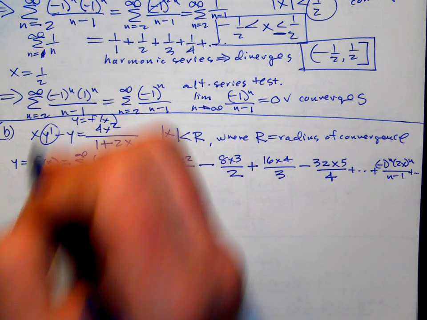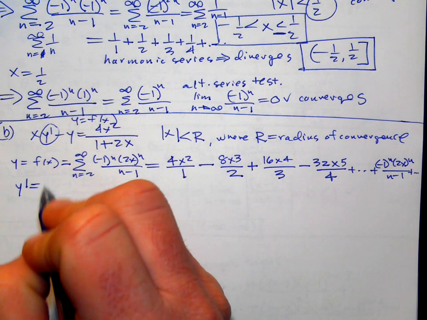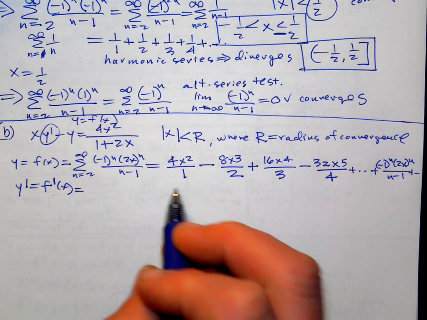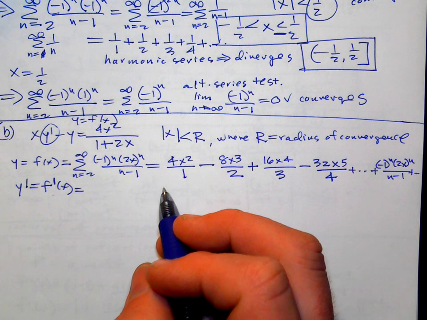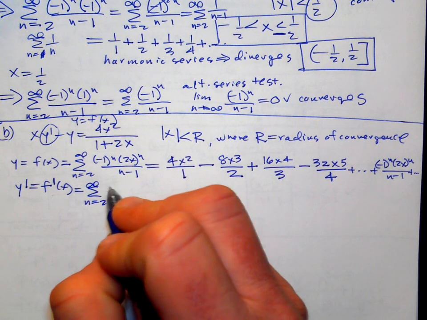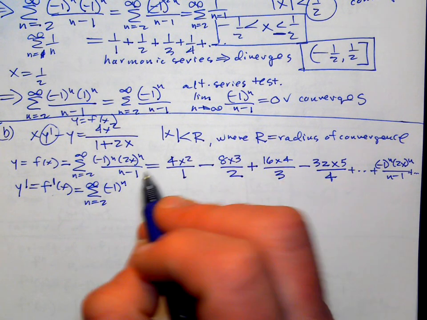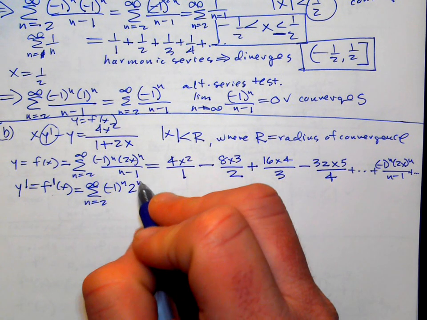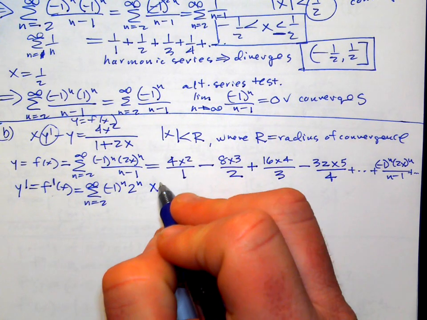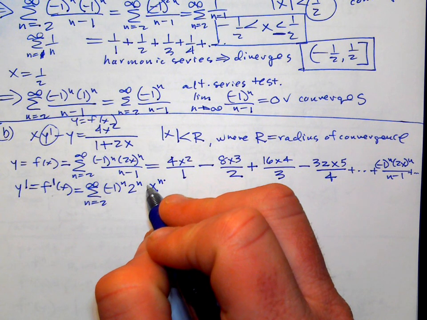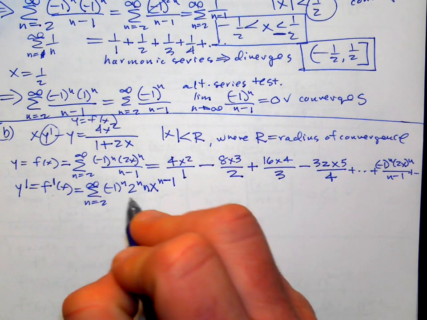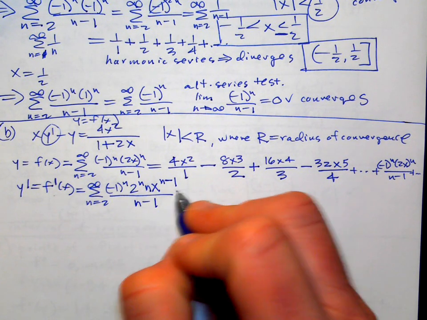And we need the derivative, so let's find the derivative of y. It's going to be f prime of x equals. When we take the derivative of the closed form, the negative 1 to the n stays the same. It's just a coefficient. The 2 to the n would stay the same, unless you really want to do chain rule. I'd separate that. For the x to the n, you multiply by the current exponent and decrease it by 1, over n minus 1.